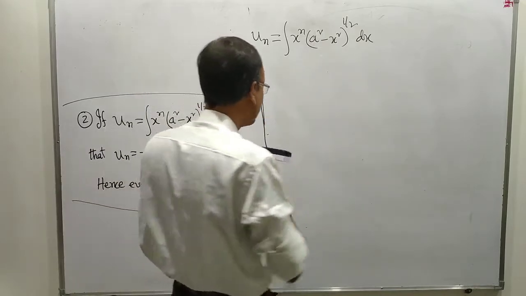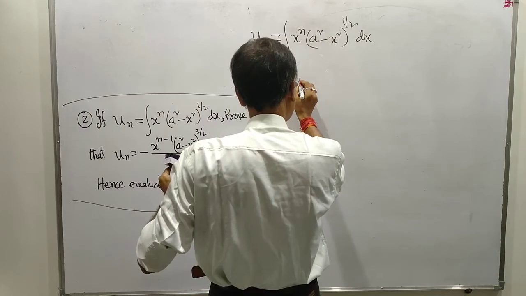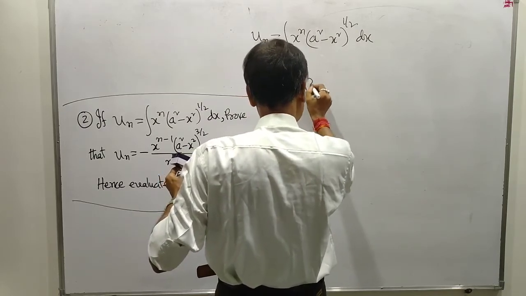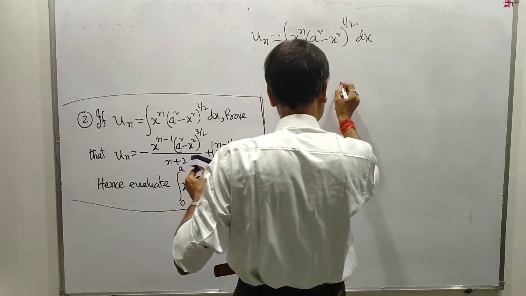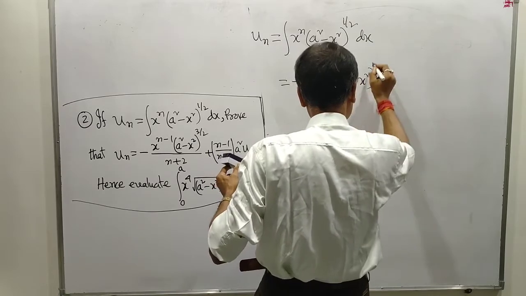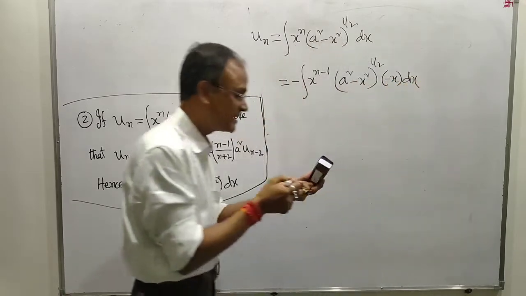You see, this can be written as minus integral x to the power m minus 1, x square minus x square whole to the power half into minus x dx. Can I write like this?